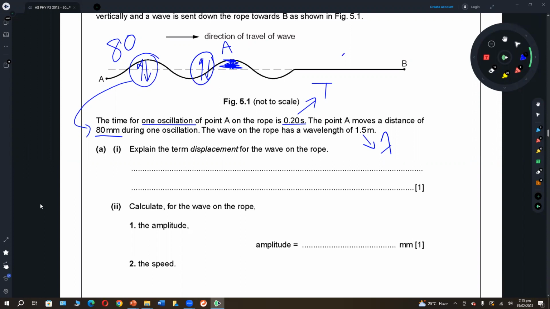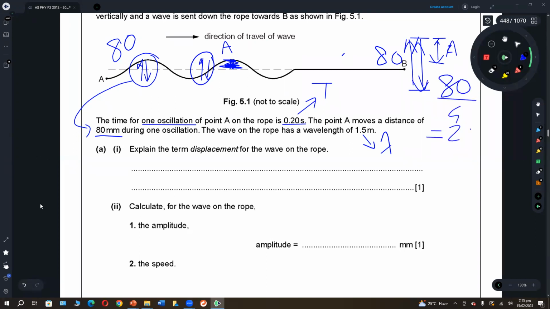No, compare now. This total is 80, going down and coming up. So the amplitude will be 80 upon 4.